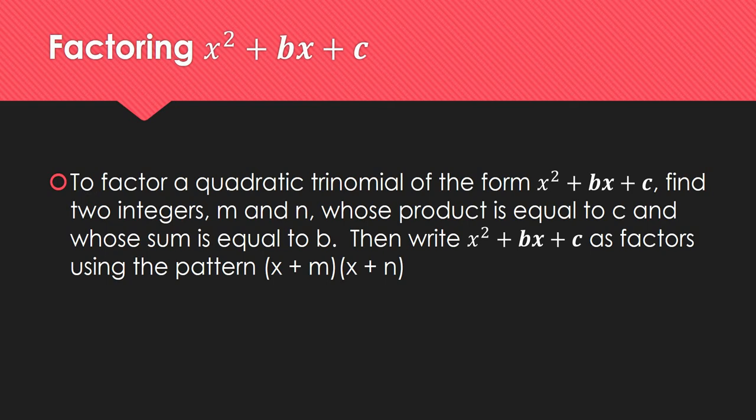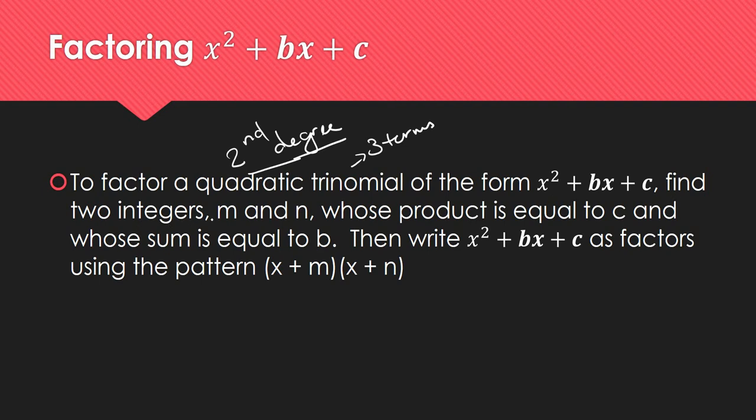Okay, to factor a quadratic trinomial. Quadratic means second degree. And a trinomial means 3 terms. Of the form x squared plus bx plus c, again, always a leading coefficient of 1 in this lesson.